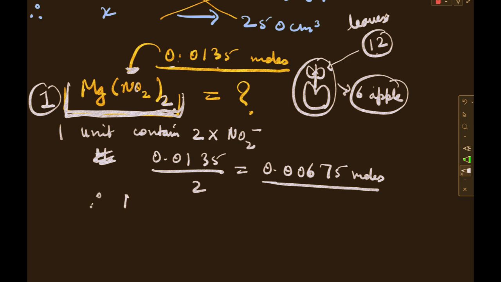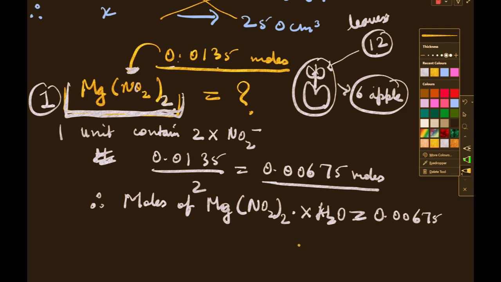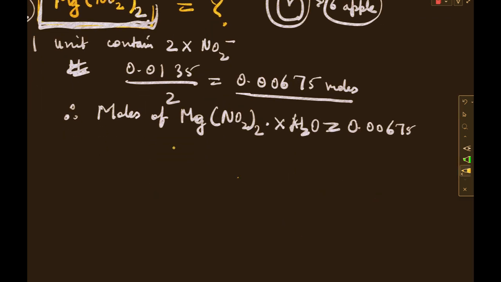So therefore, moles of Mg(NO₂)₂·xH₂O is equal to 0.00675. Okay, now that's my number of moles. This will now lead me to work out the Mr. How? Like this.